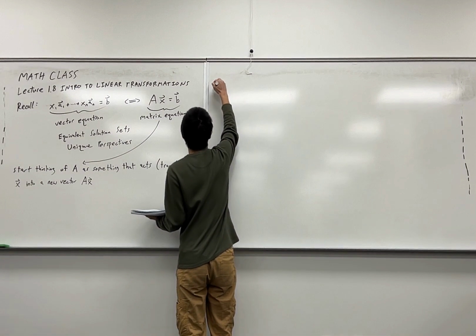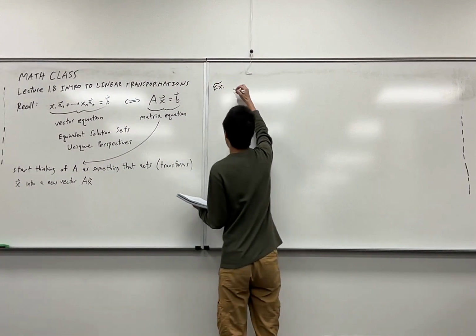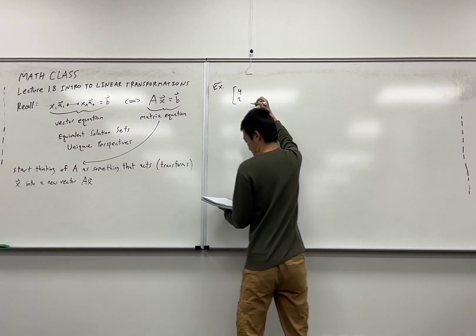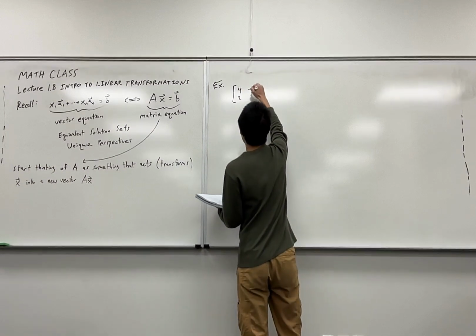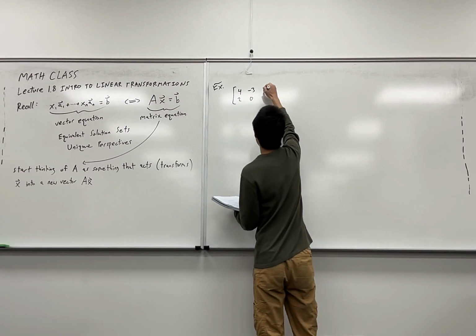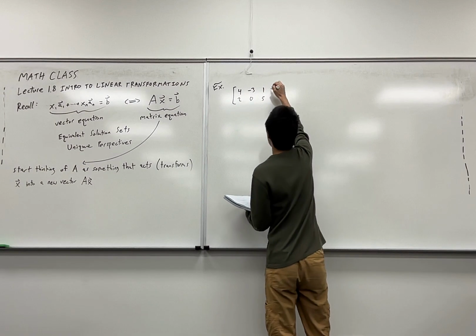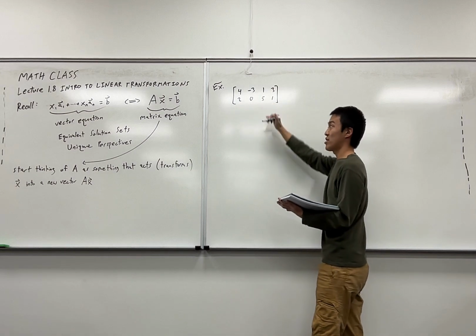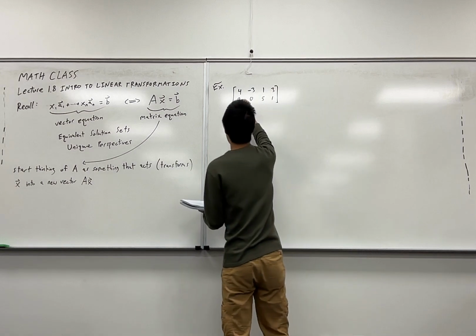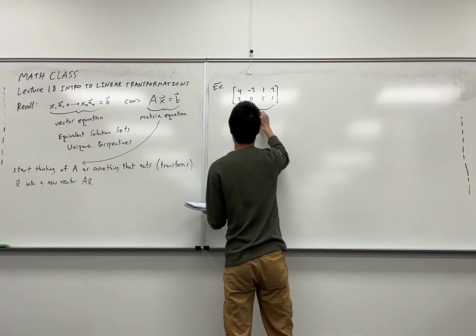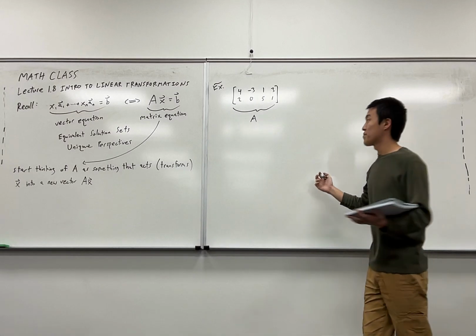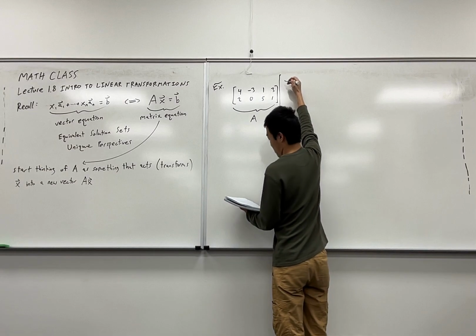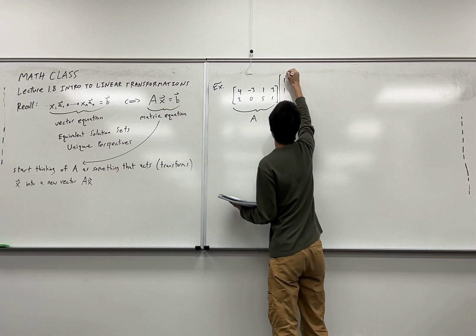So let's do an example so we can at least visually anchor down what we're talking about with this new perspective. If I have a matrix, let's have it 4, 2, minus 3, 0, 1, 5, and 3, 1. So these are our columns. So these would be like the a1, a2, a3, a4 vectors. But then overall, when we put those together in the matrix perspective, now we're just calling out our matrix A. And I'm going to multiply this, say, by the column vector 1, 1, 1, 1.